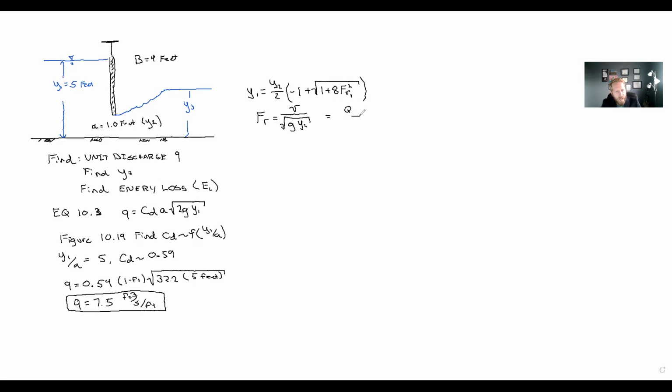V equals Q over A. The Froude number can then be expressed as Q over A times the square root of gravity times the depth at y2. And if we divide through by B, the base width of the channel, then the unit discharge q is equal to y times the square root of gravity times y2.